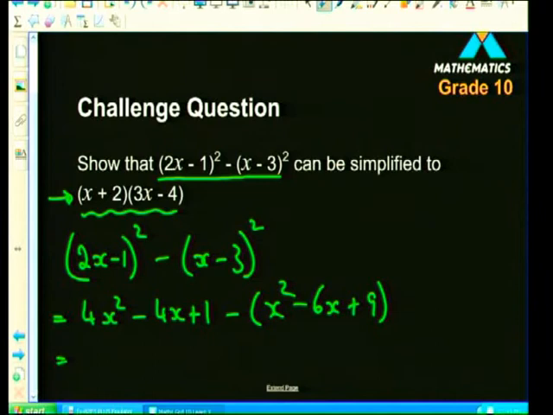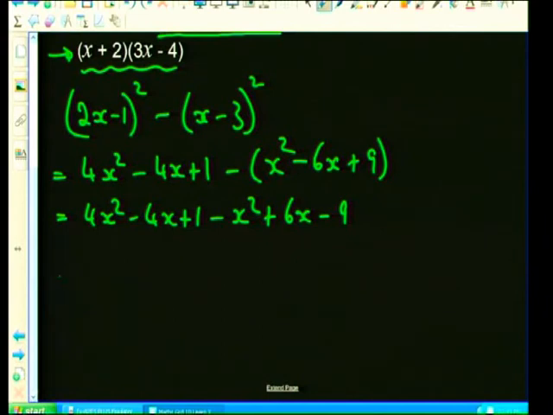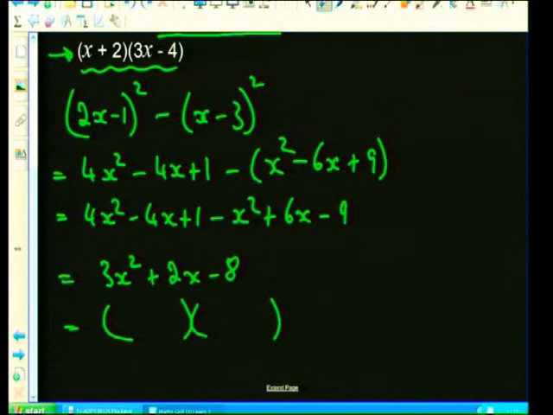Tidying that up, 4x squared minus 4x plus 1 minus x squared plus 6x minus 9. Gathering like terms, 3x squared plus 2x minus 8. And I'm going to factorize that, and I'm going to get 3x and x, and I'm going to get minus 4 and plus 2.